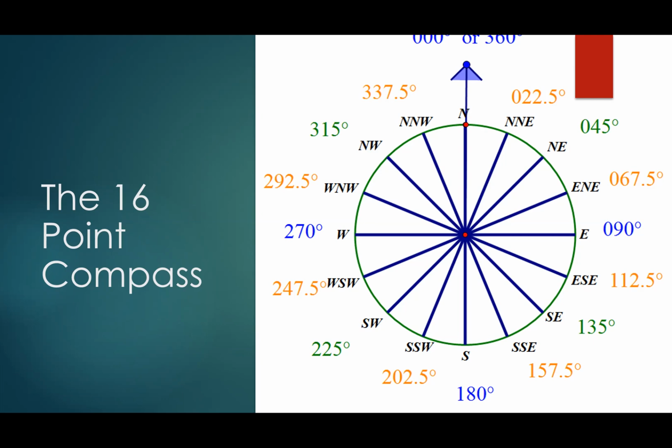Of course, your answer would be 45 degrees. Or what is the bearing of northwest? And your answer would be 337.5 degrees. If you are finished, we will continue with our lesson.